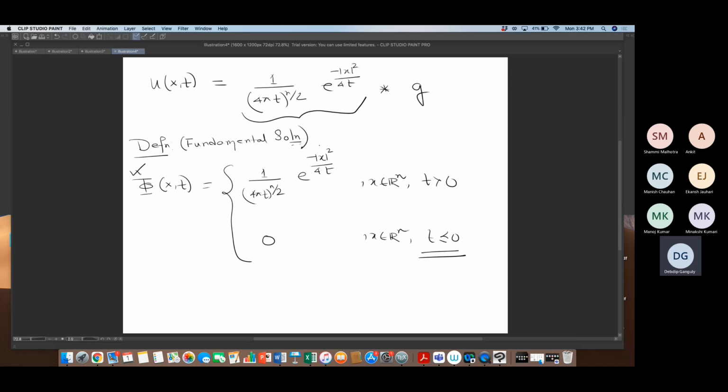So this is the fundamental solution. Sometimes in some books it is called the heat kernel. This is one of the fundamental objects in the study of the heat equation.